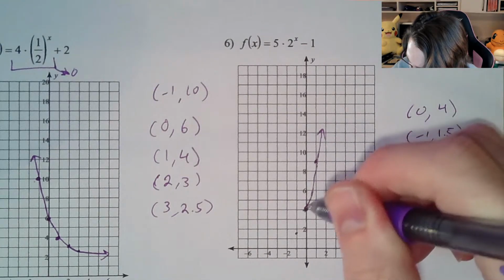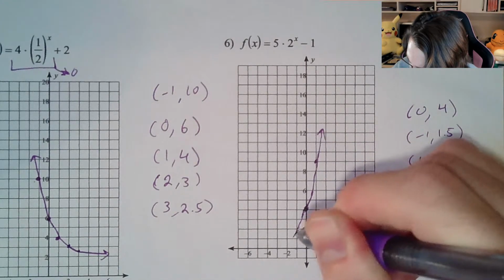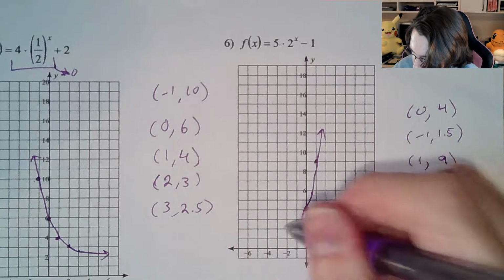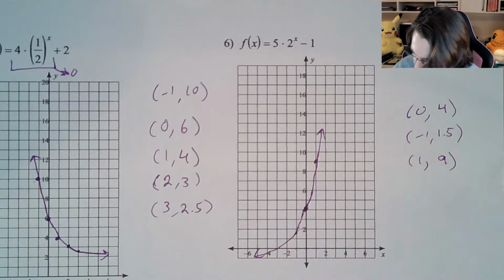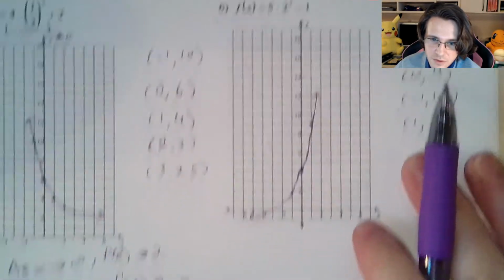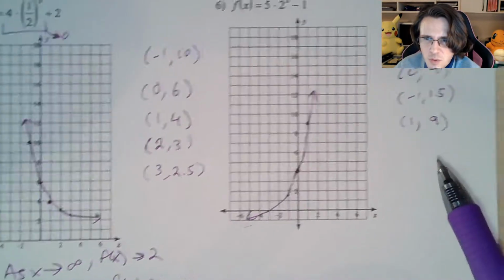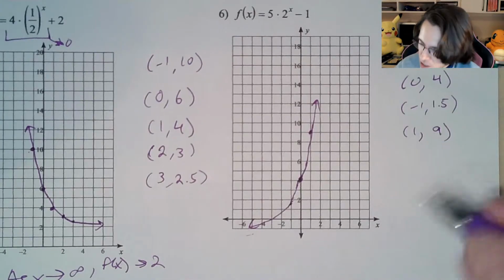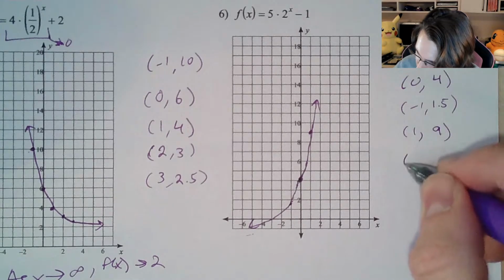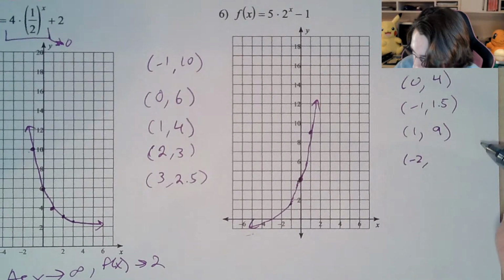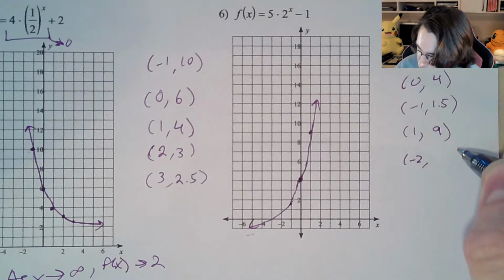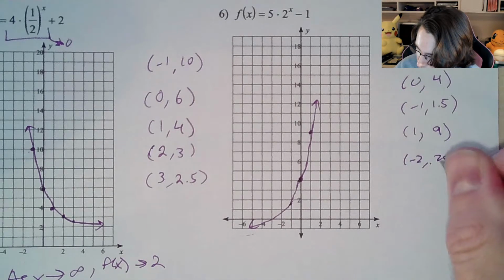The graph kind of goes up like this and down like this, but what might not be so obvious is that it again goes towards -1 instead of 0. So my graph might not have been super perfect. Maybe plugging in -2 would have helped just to get a more accurate coordinate. You don't have to do this, but again, I do think it is useful. When you plug in -2, you will get 0.25.